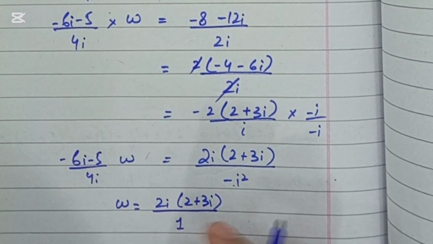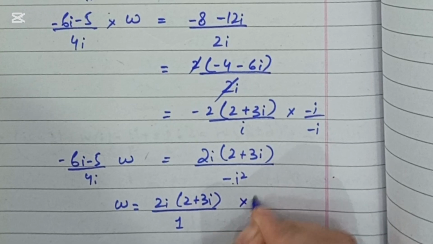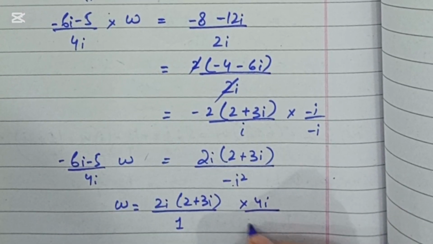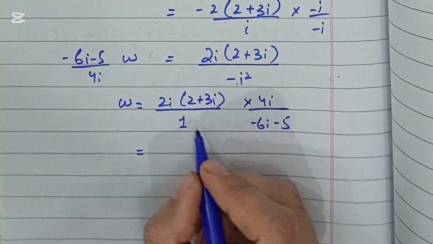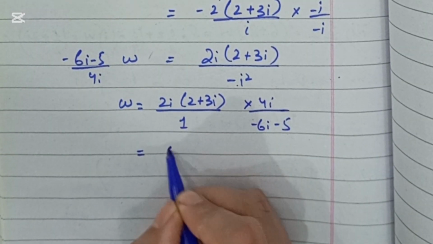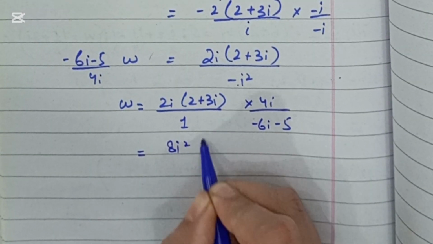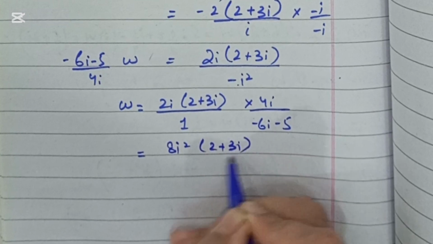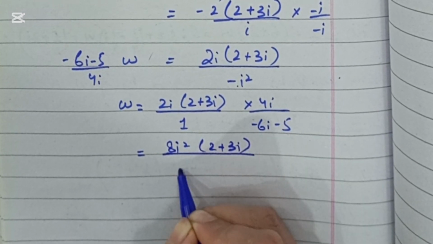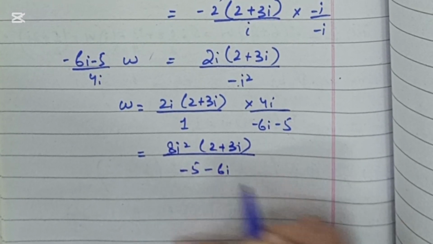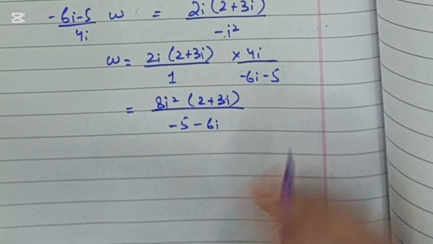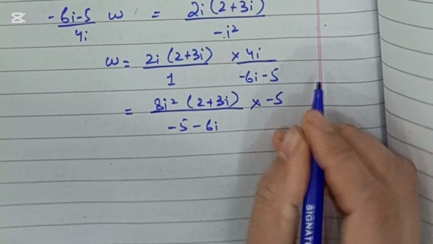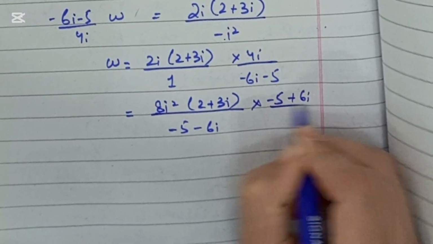Okay, now 4 iota will multiply here, and minus 6 iota minus 5 will divide. Okay, 4 into 2 is 8 iota square, 2 plus 3 iota, the whole divided by minus 5 minus 6 iota. Now again what will we do? We will multiply it with minus 5 plus 6 iota.